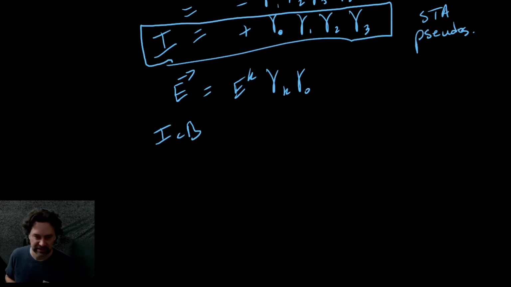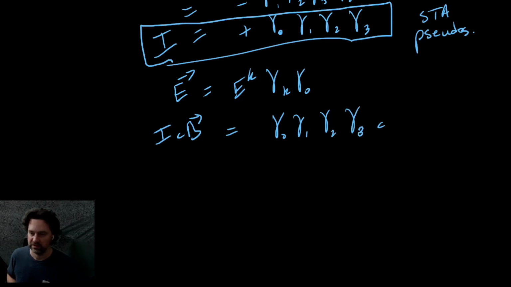I've already said it's a bivector, but let's see why that's the case. So we have gamma^0 gamma^1 gamma^2 gamma^3 times c, B^K gamma^K gamma^0. So that's I c B.